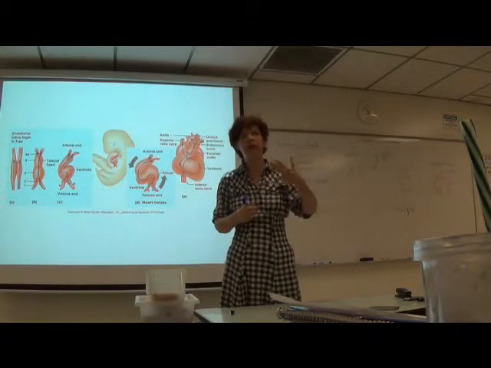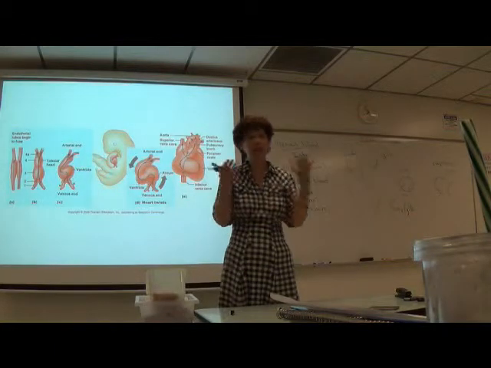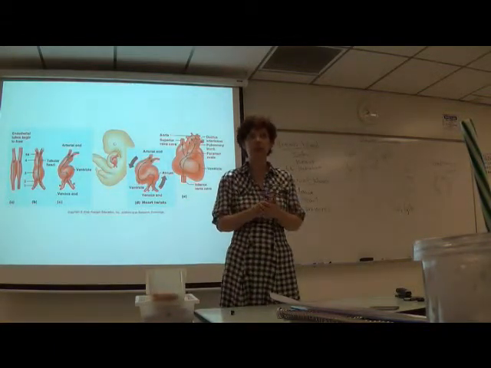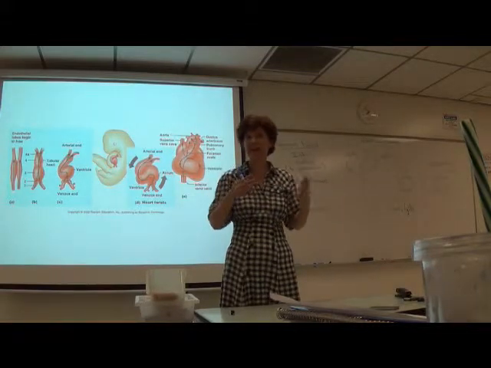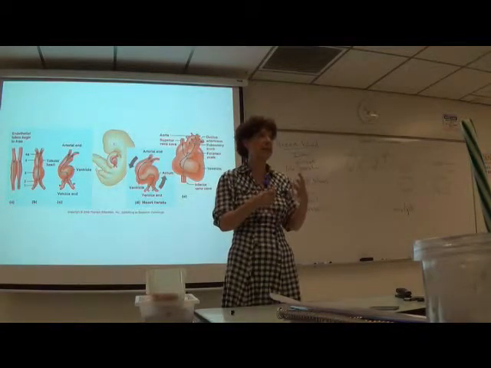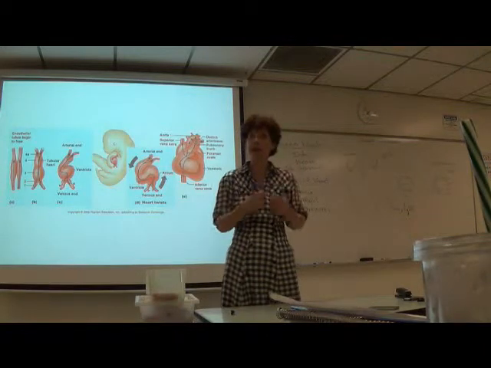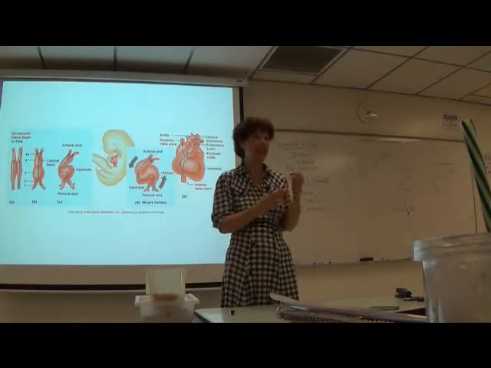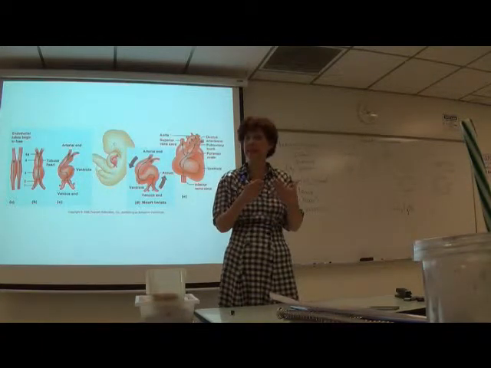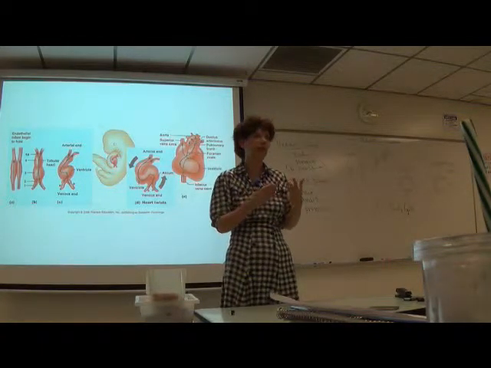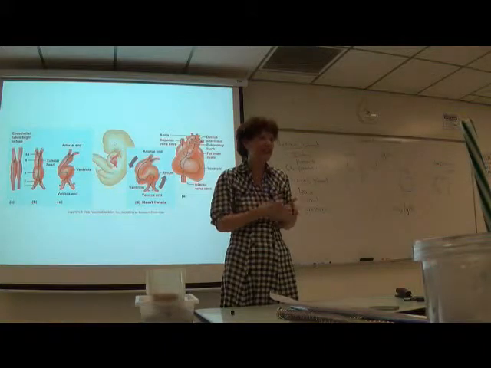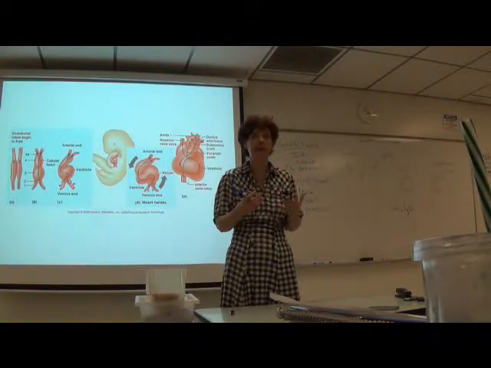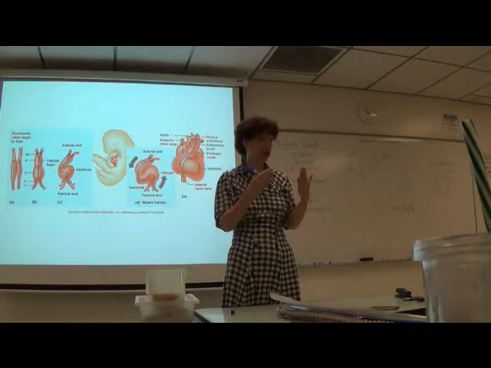The gas exchange occurs at the placenta, which is still fluid. We have some blood going to the lungs for gas exchange, but we don't have the air surrounding. And so a fetus really only needs the 1 pump, the 1 pressure system. But as soon as that baby takes a breath, it's going to need a 2 pump system. And that's a little difficult to develop in 2 minutes. So they develop in fetal development with a 2 pump system, meaning 2 pressures.